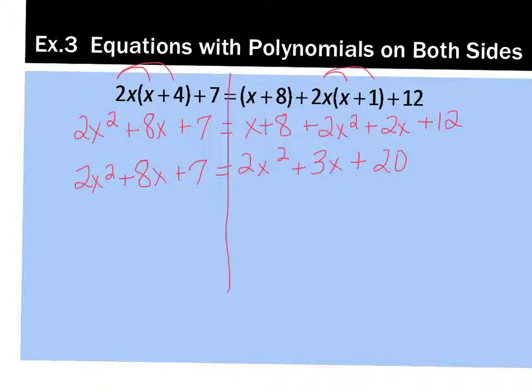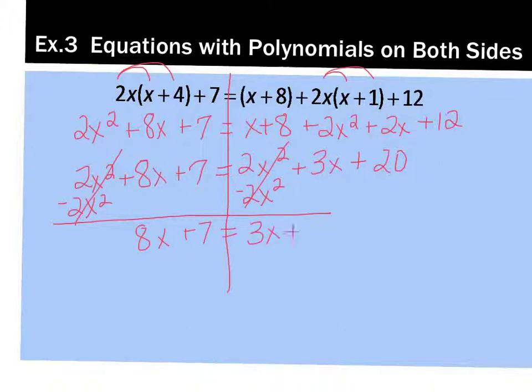Well, if we go about combining our like terms here, we're going to subtract 2x squared from each side, and what we'll notice is the 2x squareds cancel out, leaving us with 8x plus 7 is equal to 3x plus 20.